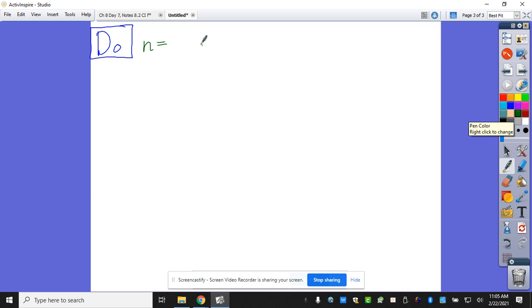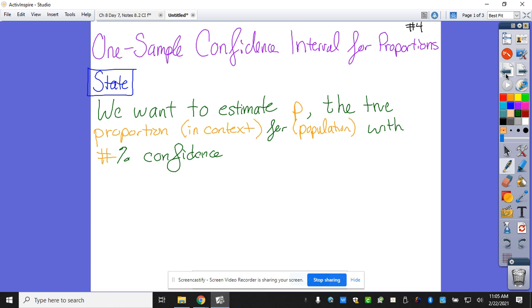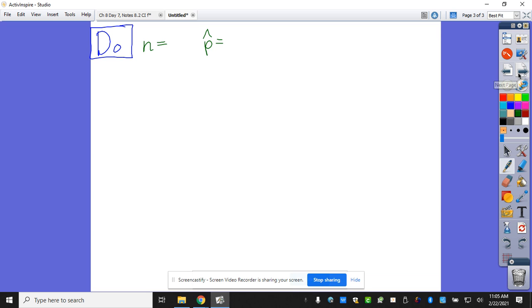Not P, but P hat. And then think through the fact that it's an interval. So we have to find our percent confidence. It gives us our percent confidence. So we need our confidence level percent. And we use that to find what?